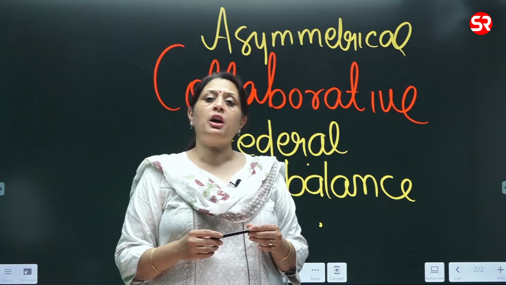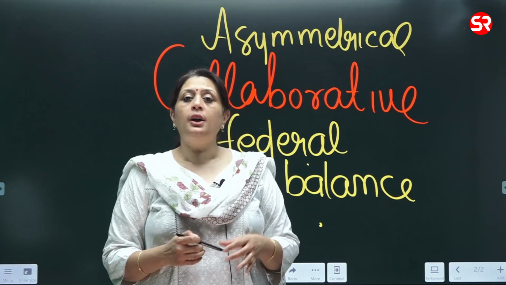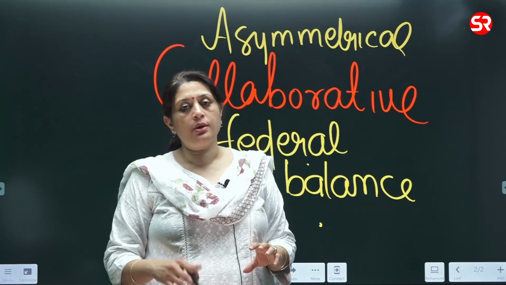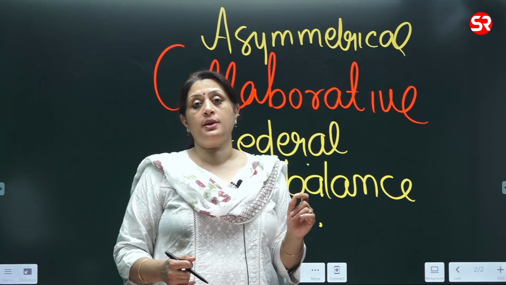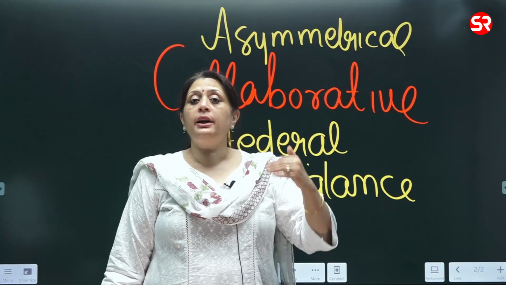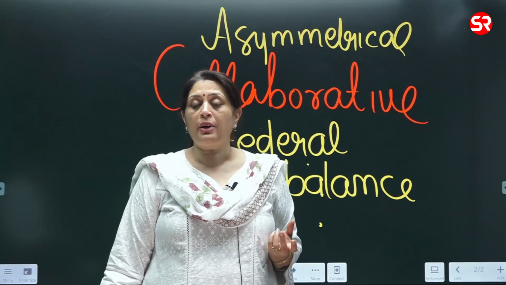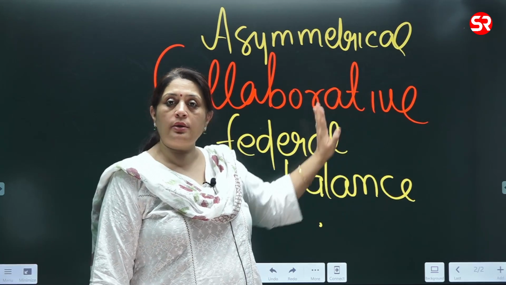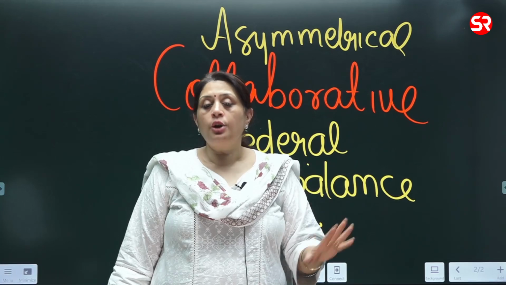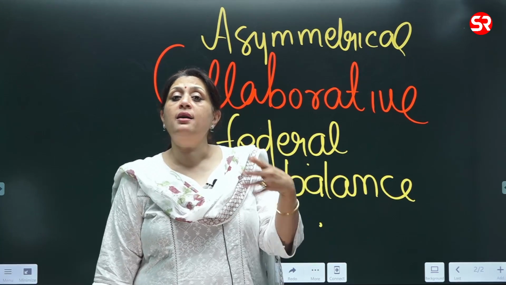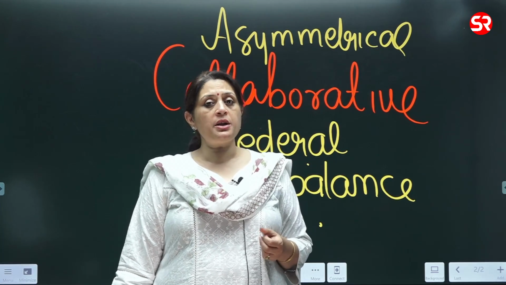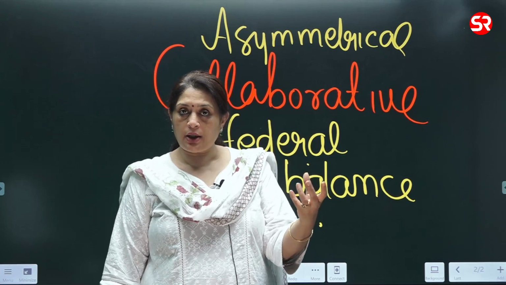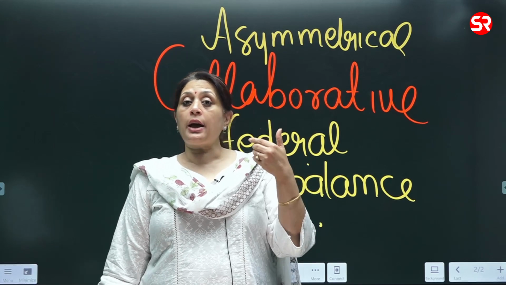Even if I talk about Article 2 of the Indian Constitution, it says that whenever the Union establishes or admits a state, it is up to Parliament to determine the terms and conditions it thinks fit for the purpose.